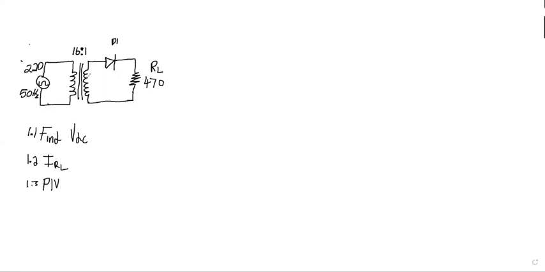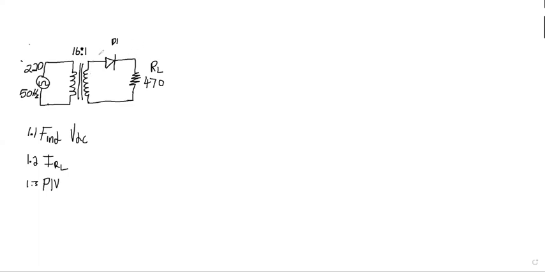First question, find VDC. VDC is the average voltage, which is the voltage across the load resistance. How can we get the voltage across the resistor?